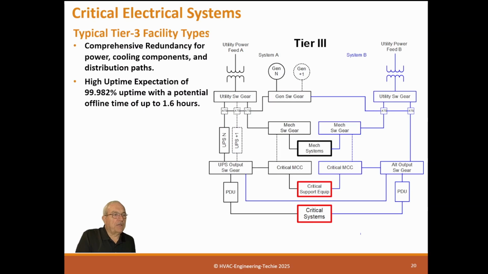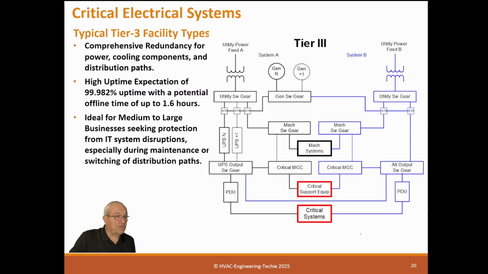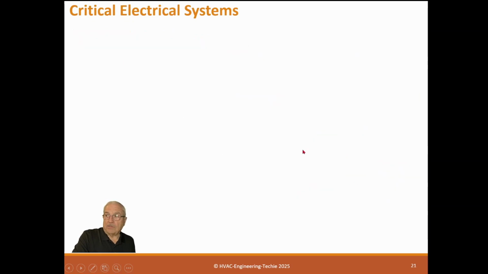High uptime expectancy of 99.98%, with a potential offline of only 1.6 hours. Ideal for medium to large businesses seeking protection from IT system disruptions, especially during maintenance or switching of distribution paths. So automatic transfer is pretty robust.